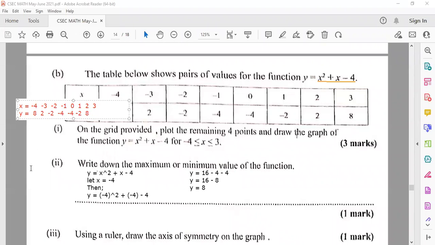All right, so those are the values that we're working with.